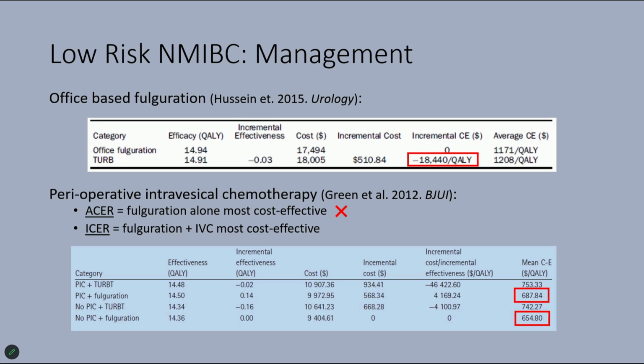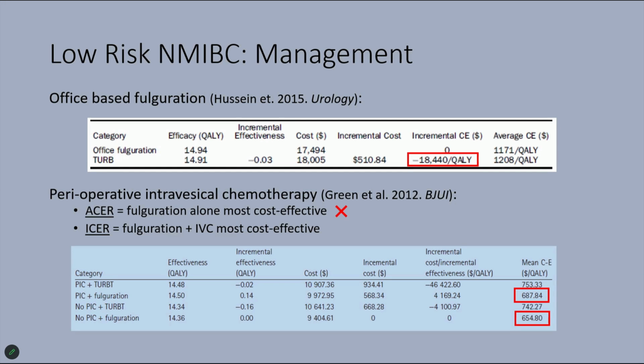Green et al. extended this to incorporate single-dose intravesical chemotherapy. Again, a model-based cost utility analysis, this time using Medicare data for costing. Of note, their intravesical chemotherapy drug cost was $158, which is important to note because there are such disparate potential costs here.